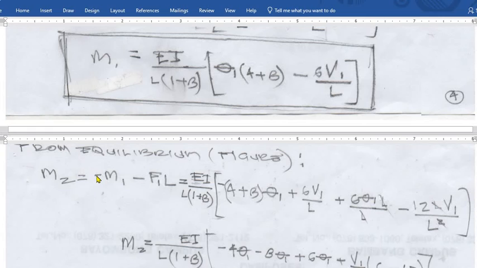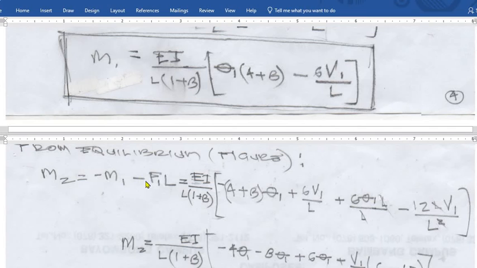Okay, so, ang common term ni M1 tsaka F1 ay EI all over L times 1 plus beta. Okay? Kaya, meron din siyang negative dito kasi originally negative yung M1. And then, negative times negative, kaya naging positive ito. Okay. Tapos, nilabas na natin si EI all over L times 1 plus beta.